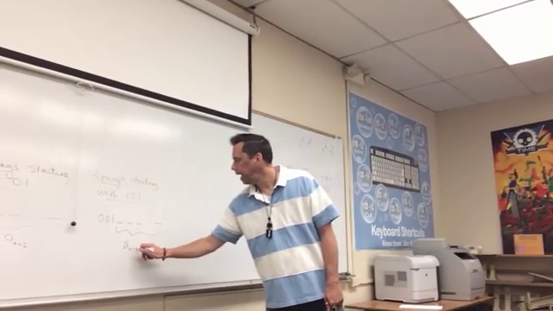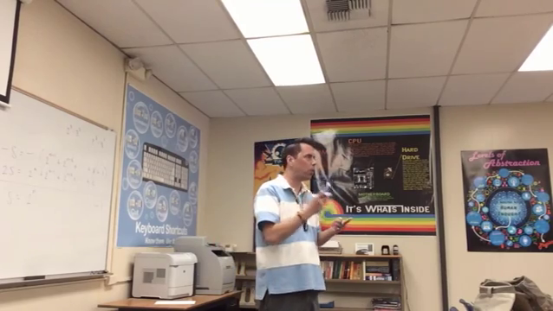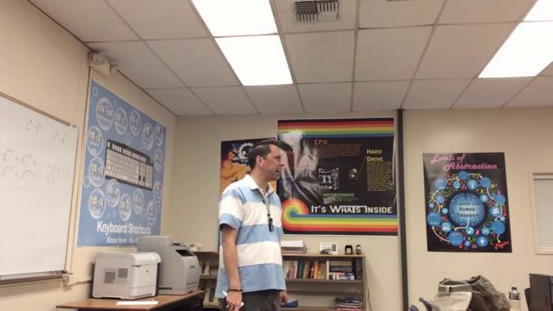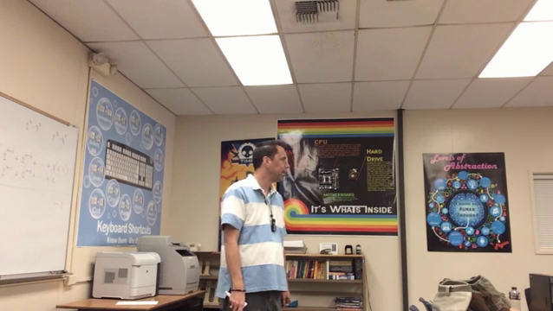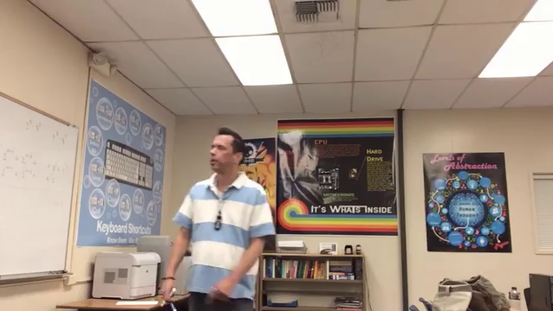Okay. Now, there is only one more case we have to look at. If your string does not start with a 1, and it does not start with 0, 1, and it does not start with 0, 0, 1, what do the first three spaces have to be? They have to be all zeros, don't they?